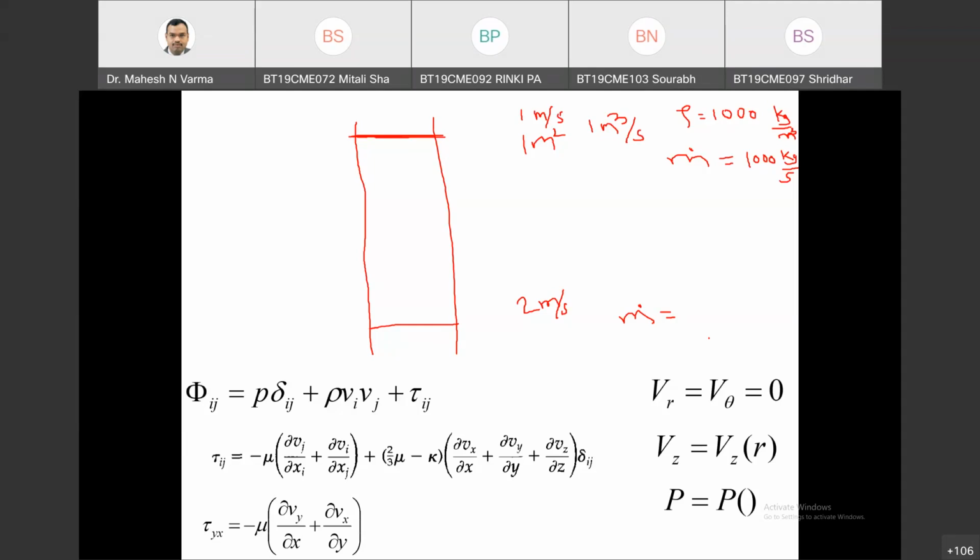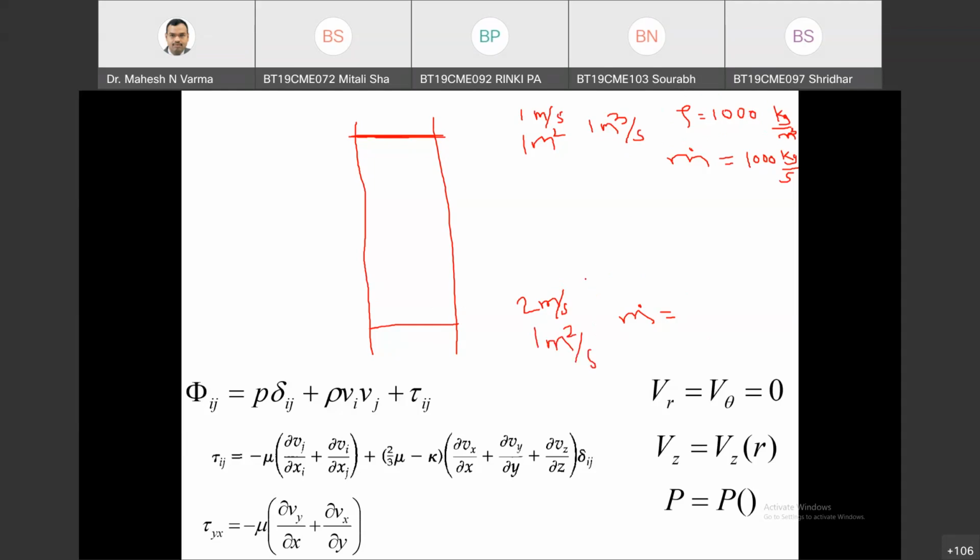No. You are telling the velocity is increasing here. And we are dealing with constant density flow. Density is constant, flow area is constant. What is the flow area? 1 meter square.